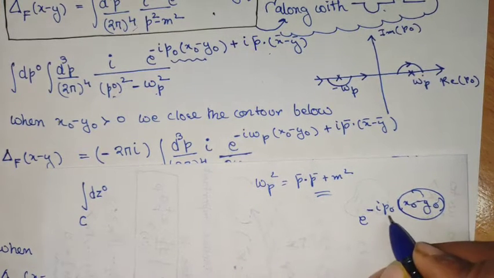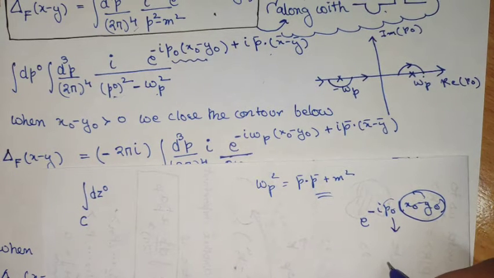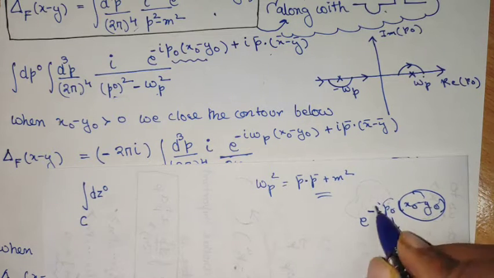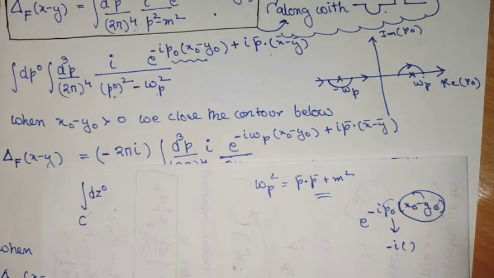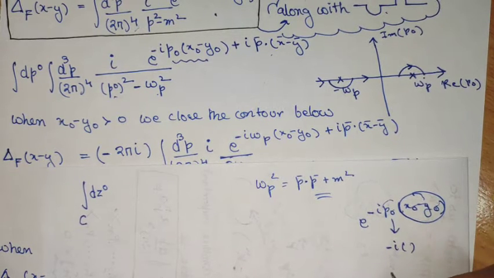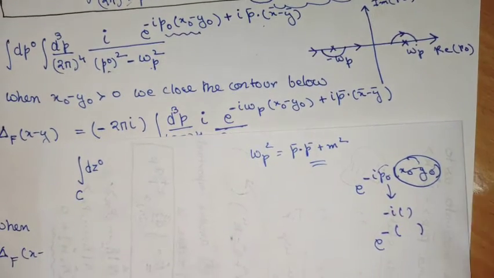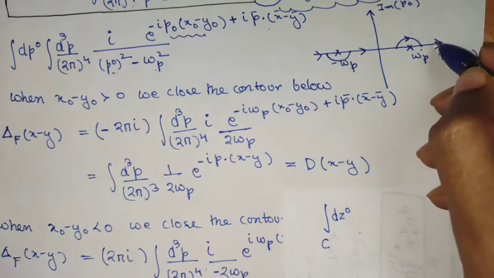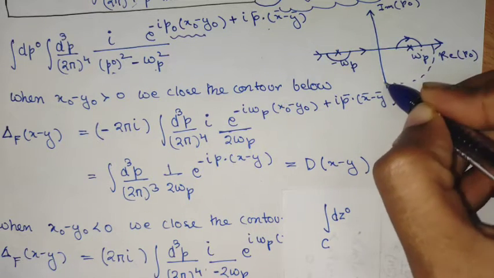So for that, what I need is that p0 must be of the form minus i times something, so that i squared will give me, let's see, minus minus plus, and i squared gives me a minus, so it is e power minus some real quantity.